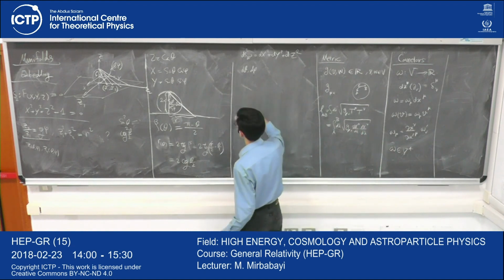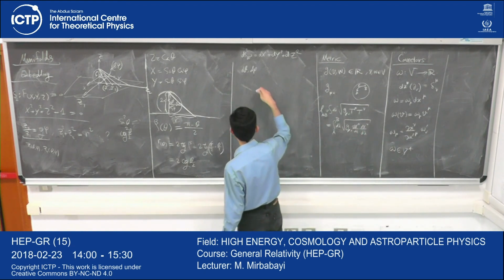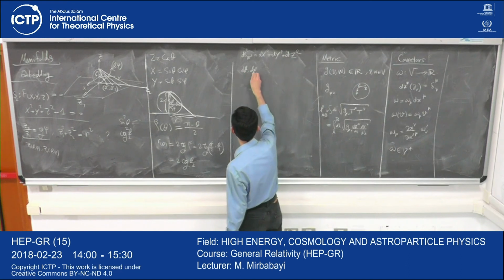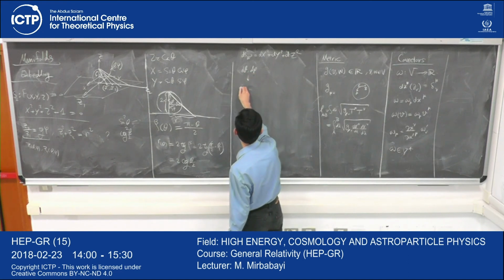And a vector in the manifold defines a vector in the embedding space. So given d theta and d phi, I can calculate dx, dy, and dz.